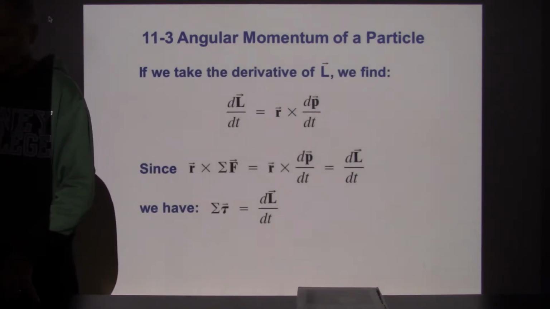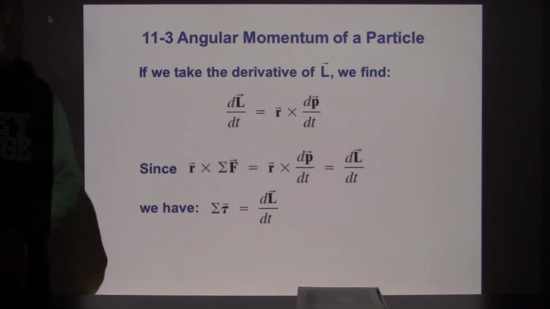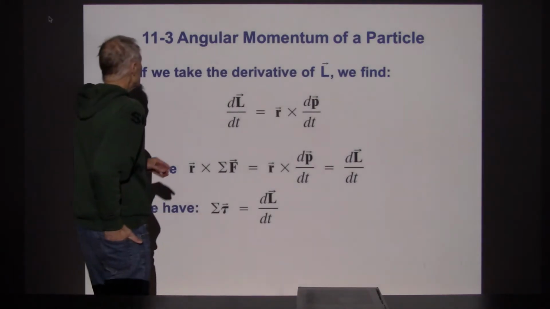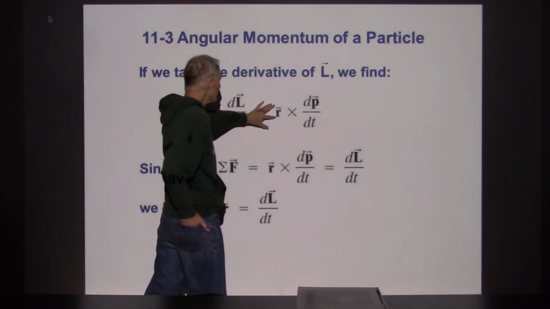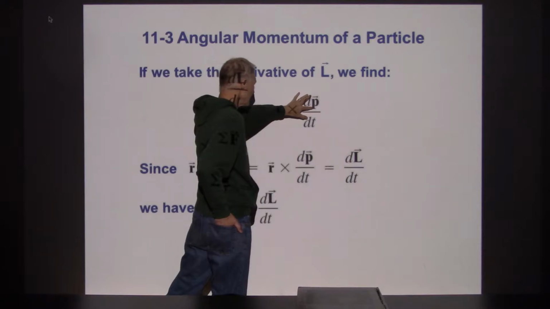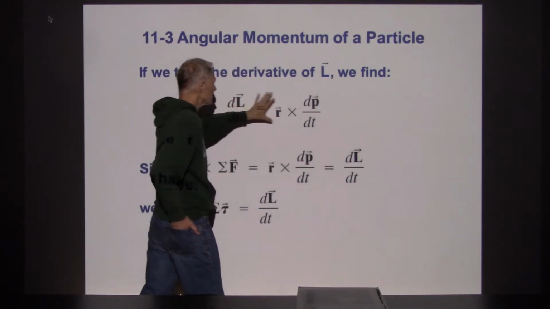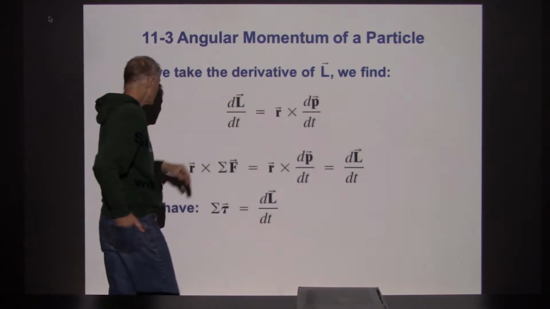All right, here's a bunch of derivatives taking of the angular momentum, and what they're showing is this. If angular momentum is lever distance cross linear momentum, we could take time derivatives of both sides.